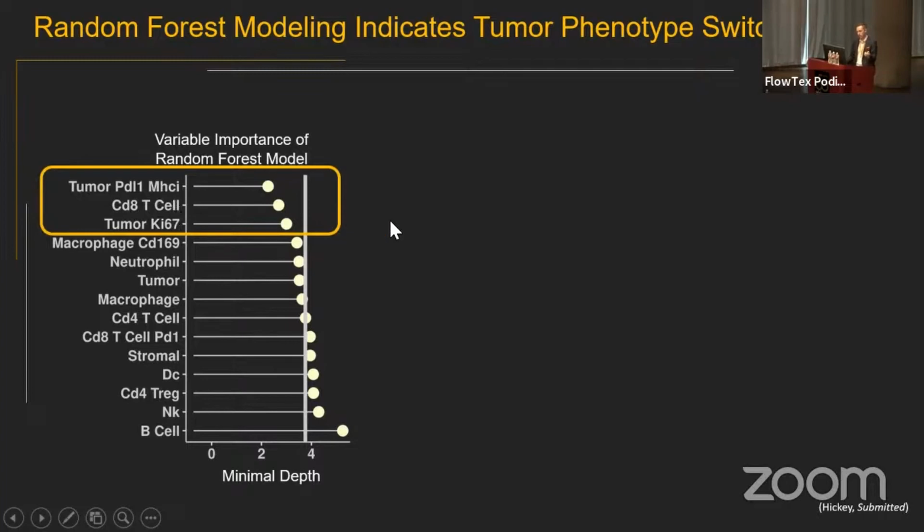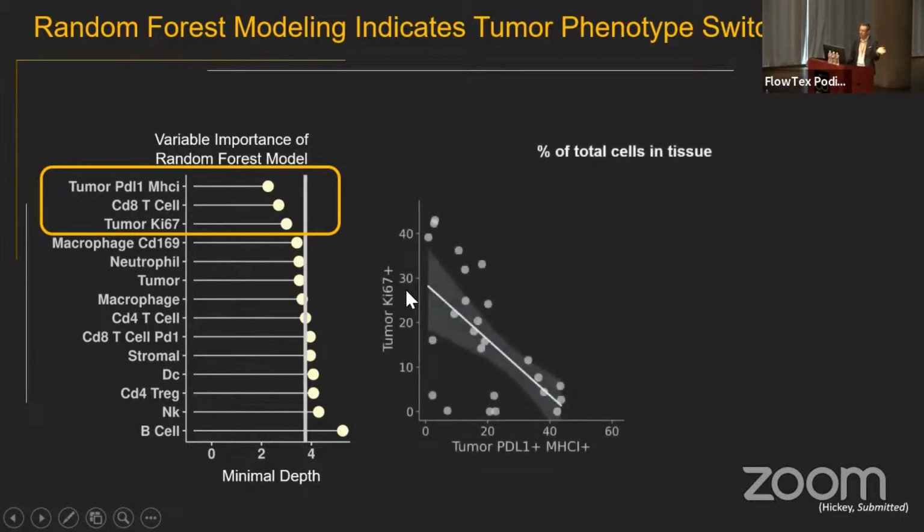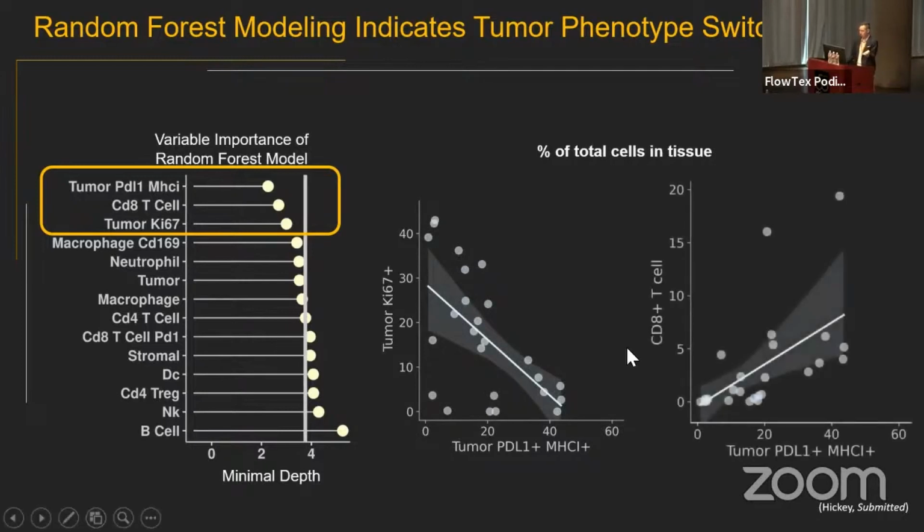But what was interesting is, if you plot the percentage of these inflamed tumor cells, which are these PD-L1 tumor cells, versus proliferating tumor cells, you can see there's an inverse correlation. To me, this suggests a phenotype conversion from a proliferative state to an inflamed state. Alternatively, if you plot the percentage of CD8 T cells versus inflamed cells, you see a positive correlation, implicating CD8 T cells must be involved in some way.